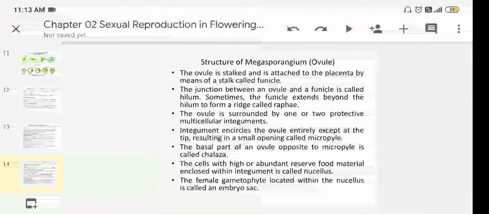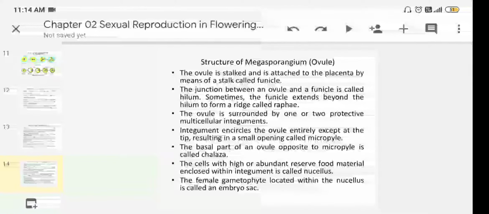Actually, there are different types of ovules on the basis of the position of micropyle, raphe and chalaza. So we are talking about the normal typical type of ovule, where the chalaza, ovule and raphe come in a straight line.